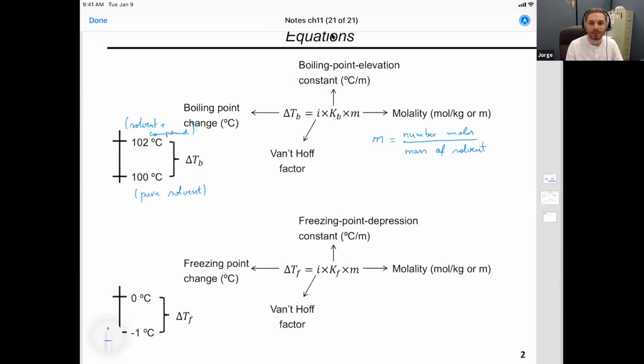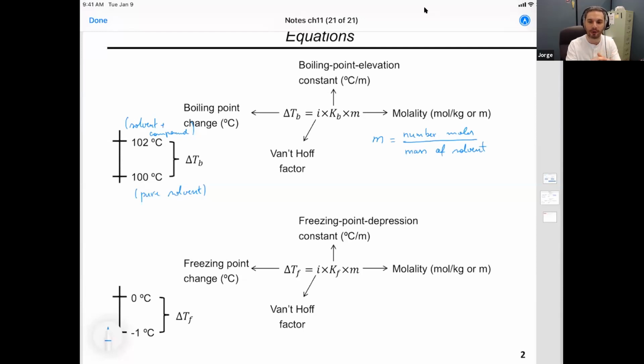The difference between molality and molarity is that molarity is the number of moles divided by volume of solution, while molality is the number of moles divided by the mass of solvent. Molality is preferred in these cases because the mass of solvent does not change as a function of the temperature, which can happen with the volume.